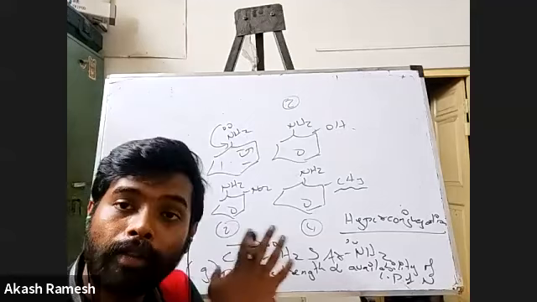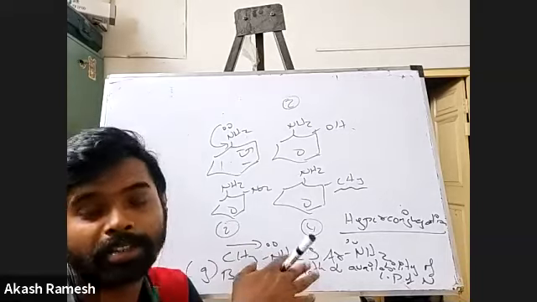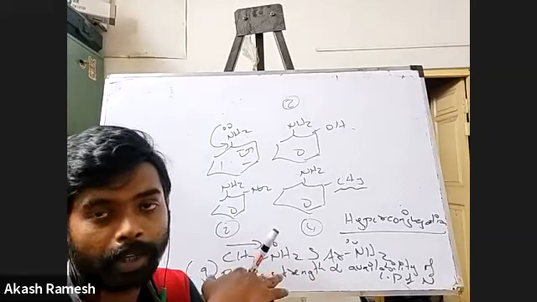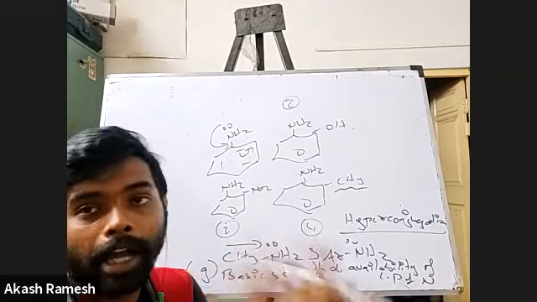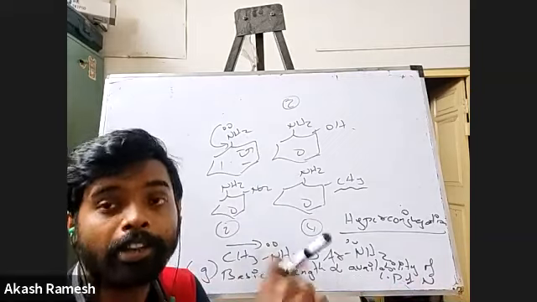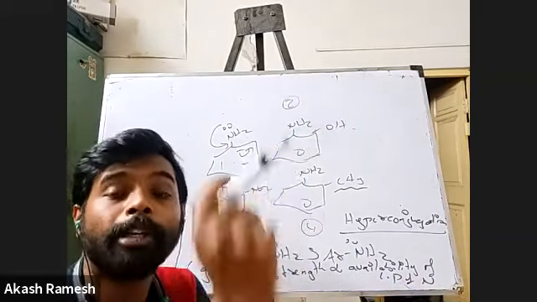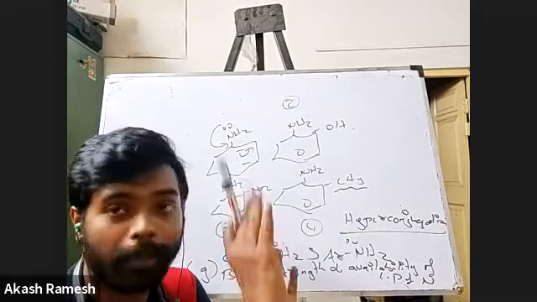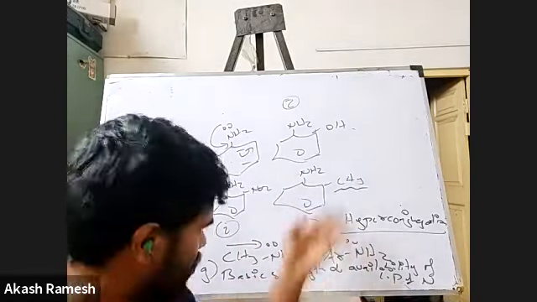So the first priority goes to resonance, then comes hyperconjugation, and then comes inductive effect. For example, if something is electron donating via hyperconjugation and something is electron donating via resonance, the one which is electron donating via resonance will be a stronger electron donating group. Okay, I repeat my statement. I have two species. I can take the example from here itself.